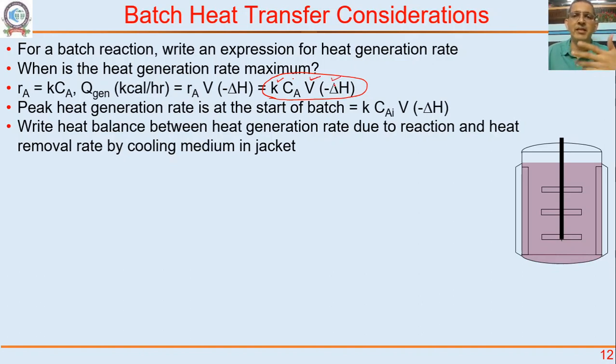Delta H can change with temperature, but if we are saying that delta H is not a very strong function of temperature, then delta H is constant. So usually, if it's an isothermal reaction, then the rate of heat generation will be maximum at the initial condition, CAI, at t equal to 0. That's the maximum concentration.